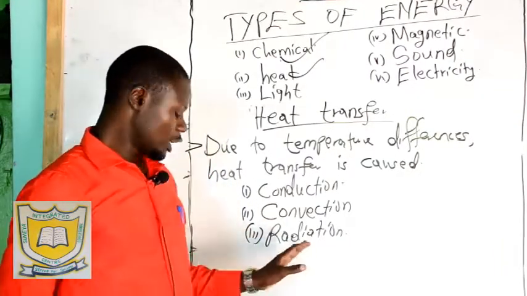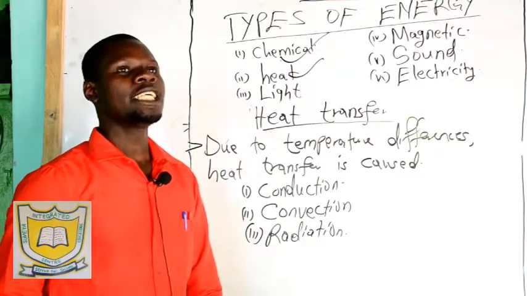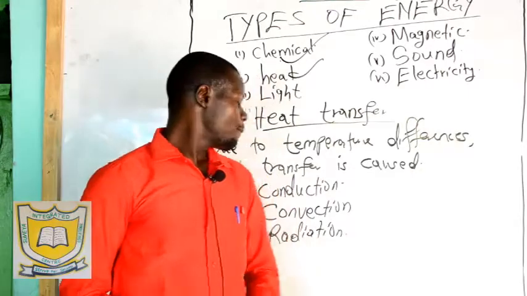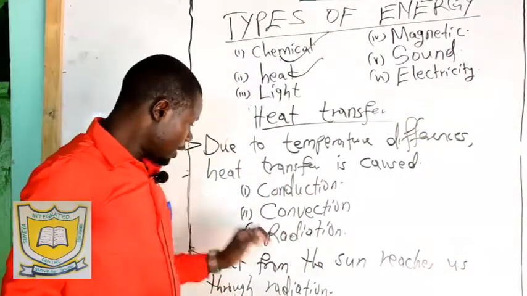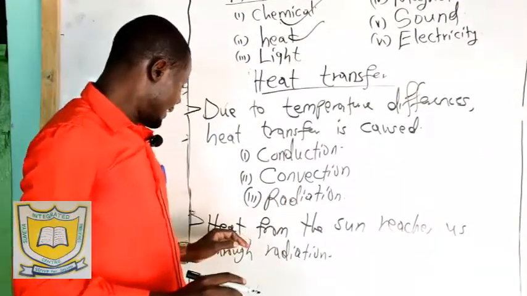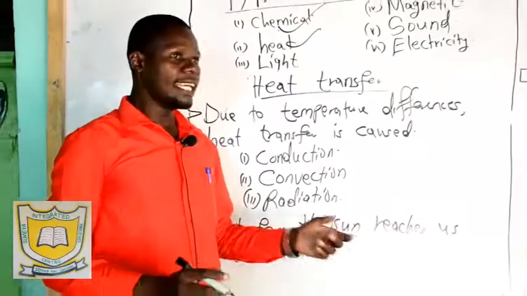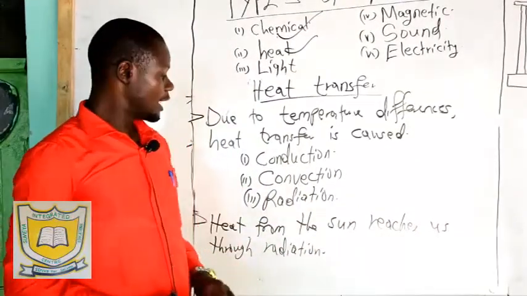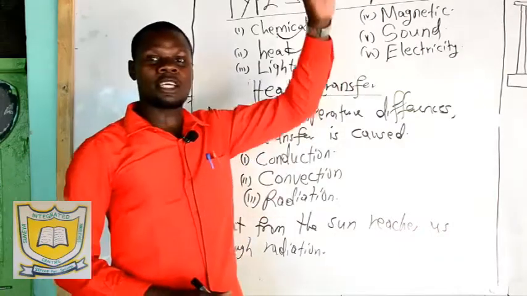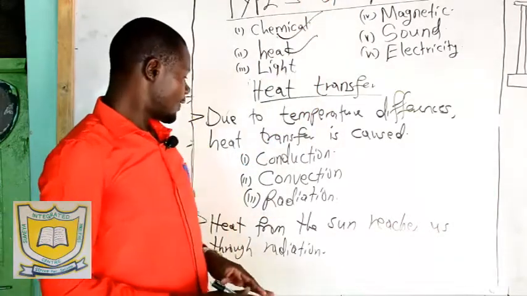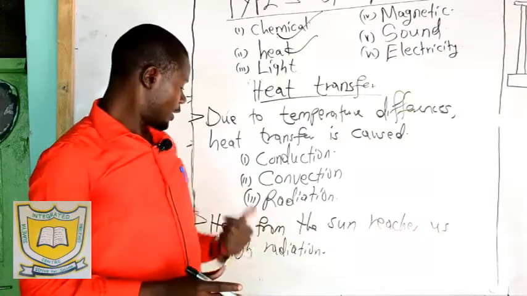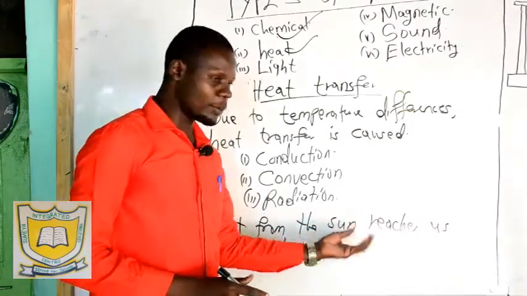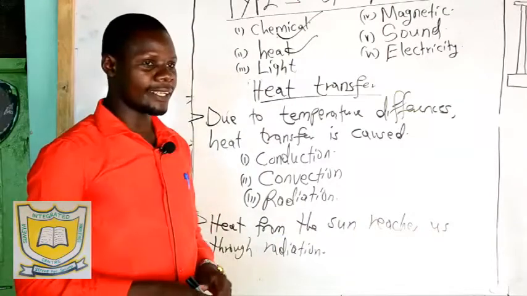And lastly, radiation is a form of heat transfer where the heat from the sun mainly reaches the earth or us by radiation. Why? Because when there is heat moving from the top to bottom, there is no air. So the main form in which the heat from the sun reaches us is by radiation.